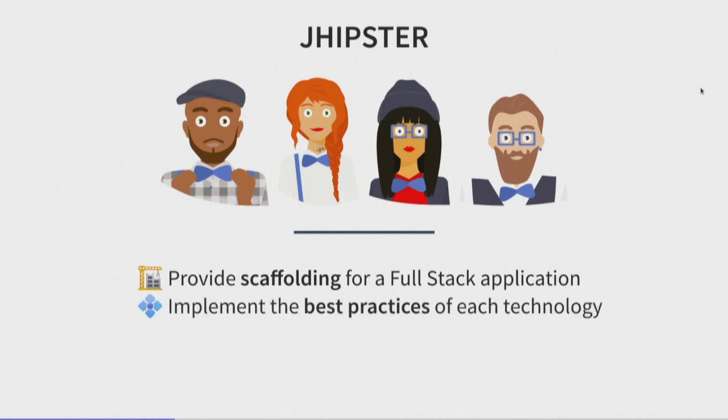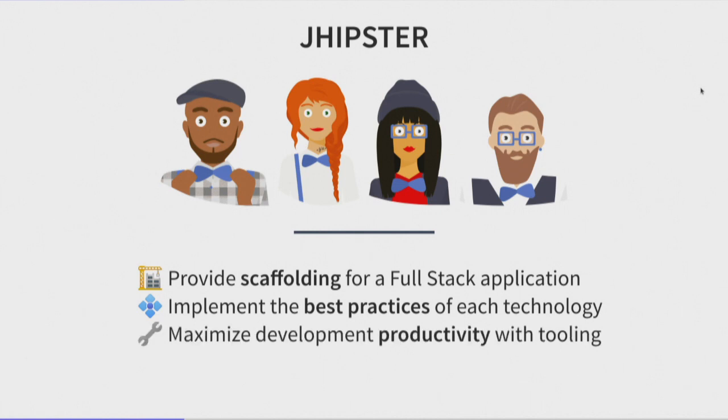What we strive to do with JHipster is to implement the best practices from each technology. The goal is not to generate a Hello World application, it's to generate a full application with all the best practices in place. And we also want to maximize developer productivity and set up all the tooling for you.